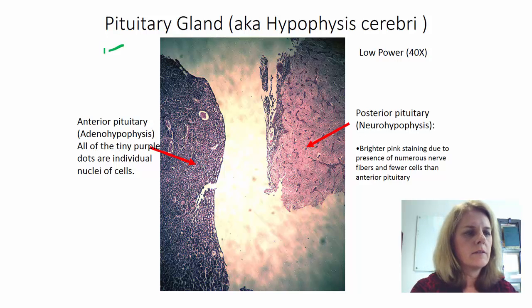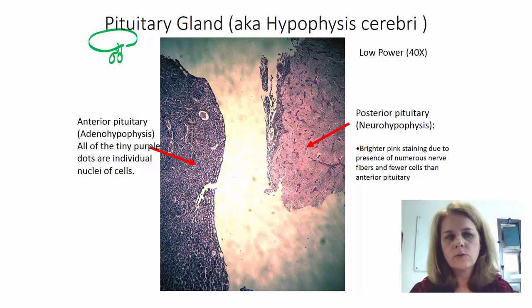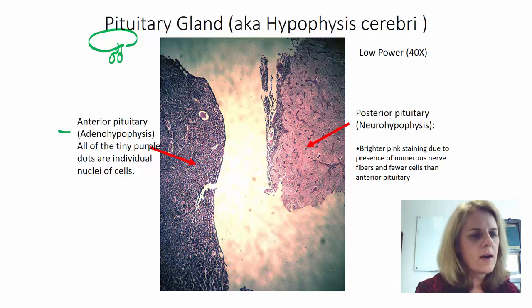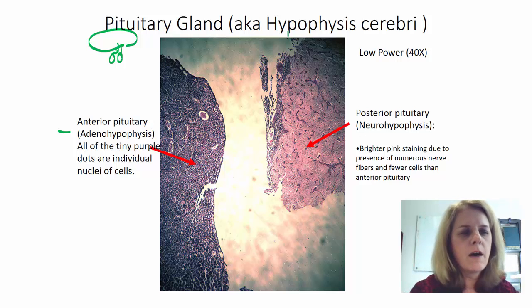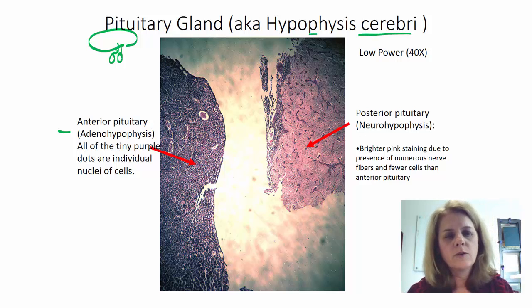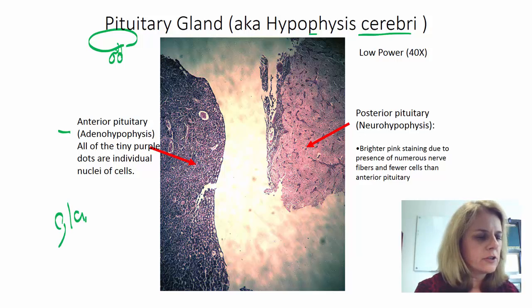So if you think about the brain, you've got the pituitary sticking down. There are two little glands, individual glands, the anterior versus the posterior. The anterior pituitary is known as the adenohypophysis. The pituitary gland's fancy name is the hypophysis cerebri, which means it's near the brain. And whenever you see the word adeno, that means glandular.